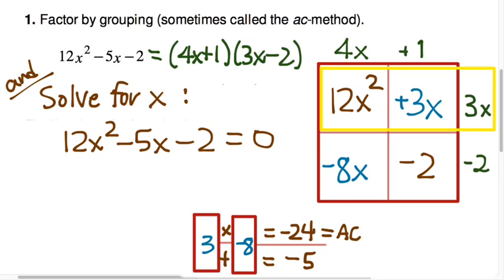Okay, great. So once we've used the AC method to discover that factorization, my secondary question was, how do we then solve this quadratic equation for x? If I can replace 12x squared minus 5x minus 2 with this factored expression, what does that allow me to do now that I wasn't able to do before? Where do I go from here?